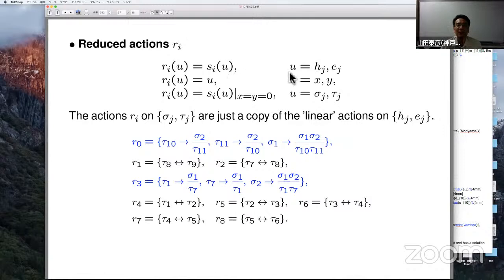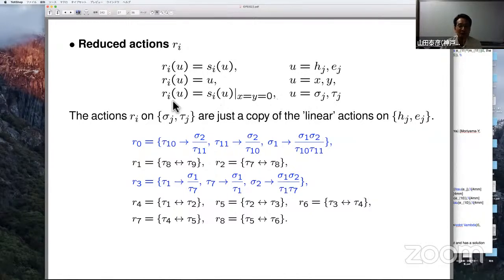So for the H, E parameters, the reduced action is nothing but the original action. And for the X, Y variables, the reduced action is trivial. And for sigma and tau variables, the reduced action is defined by putting X and Y equal to 0.